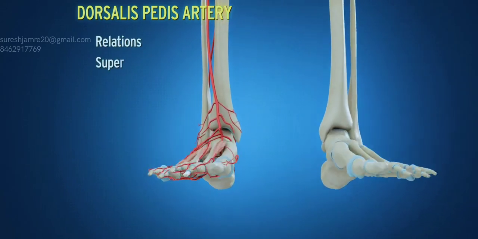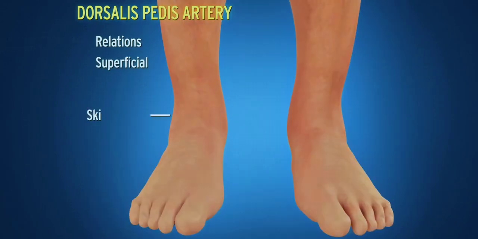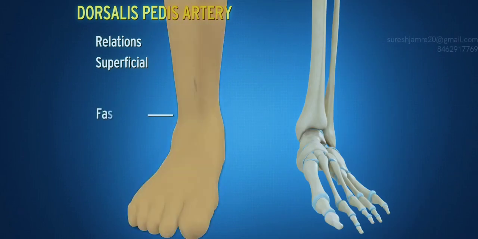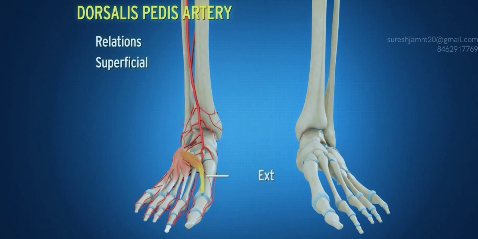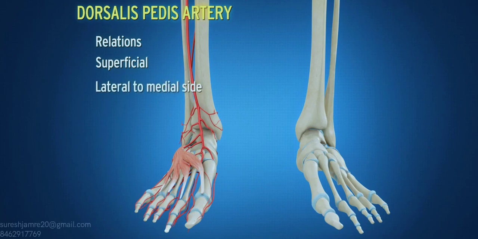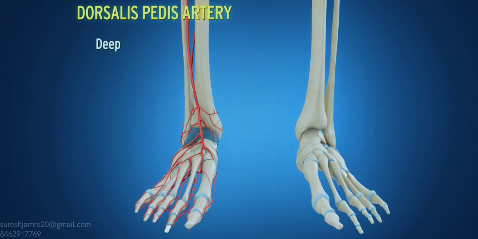Relations. Superficial. Skin, fasciae, and inferior extensor retinaculum. Extensor hallucis brevis crosses the artery superficially from the lateral to medial side. Deep. Capsular ligament of the ankle joint.